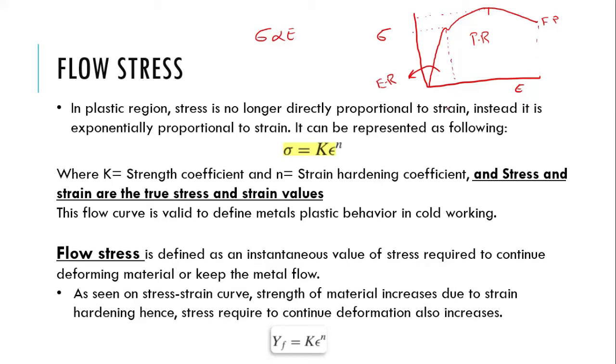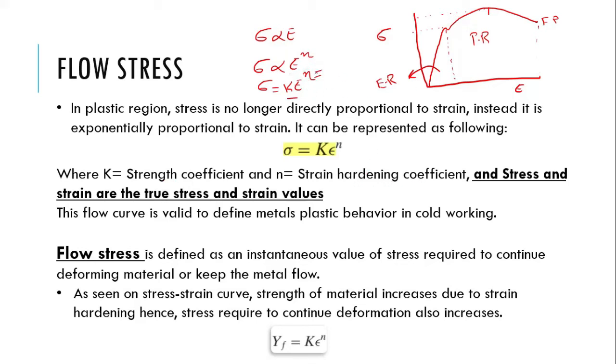Stress is not directly proportional to the strain, rather it is exponentially related to the strain. So we have stress proportional to strain to the power n, or we can write it as K strain to the power n, where K is the strength coefficient and n is the strain hardening coefficient.